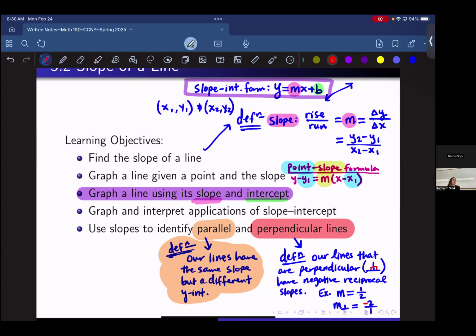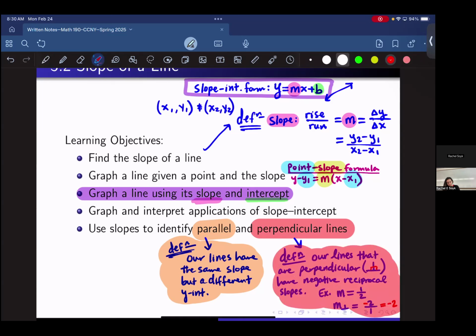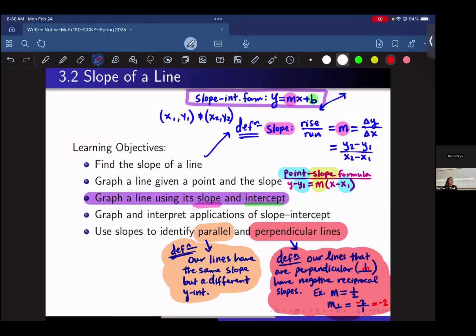So 1/2 versus -2. Again, there'll be a slide on all of these definitions, but having them all on one slide and just getting familiar with them before we start the lesson, I think is always helpful.